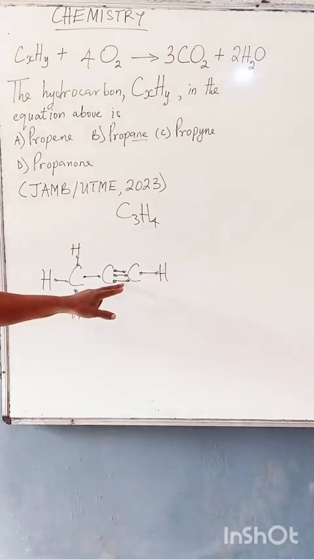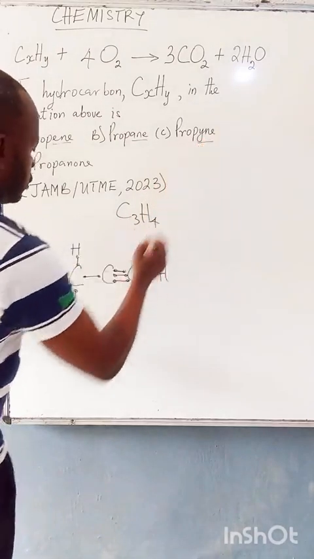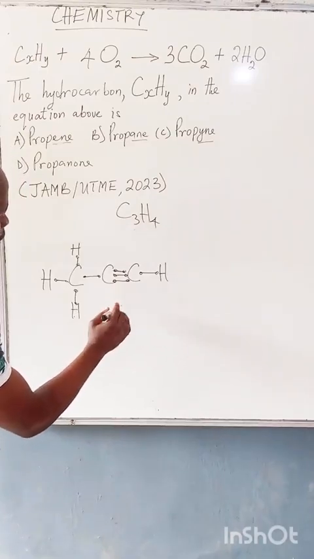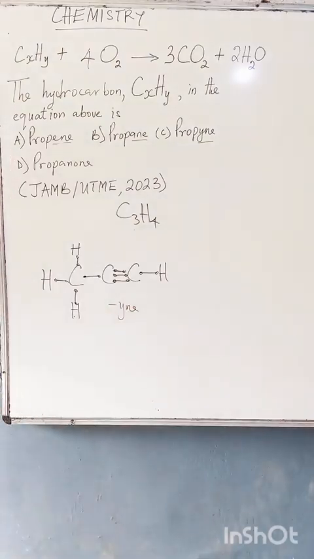If there were a double bond here, it will be propene. But because we have a triple bond, it's going to be propyne. A triple bond goes with the YNE suffix. Propyne. Do you understand?